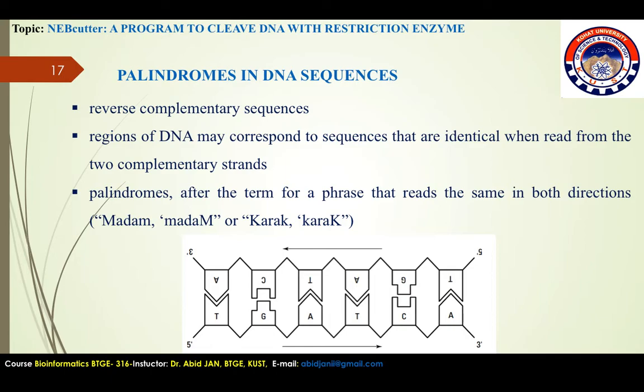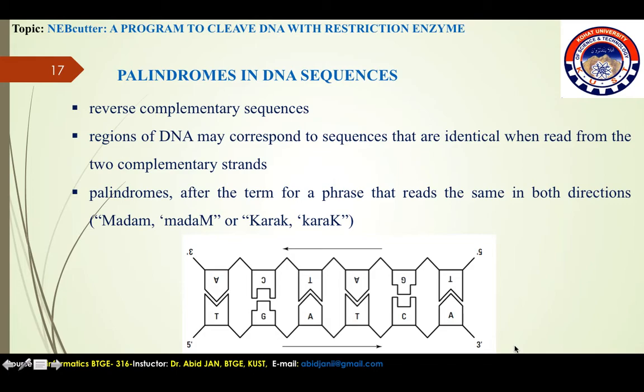This figure helps illustrate this trick. 5 to 3 this way, and 5 to 3 this way. So 5 to 3, this is actually TGA, TCA.